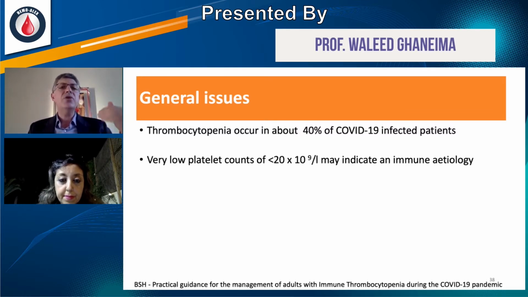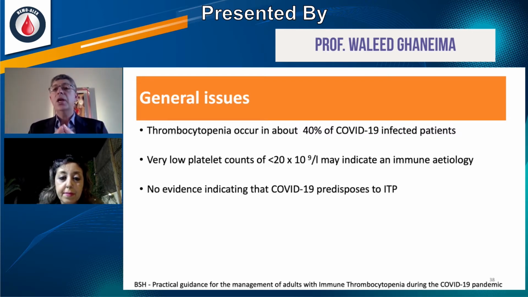But if the platelet count drops to less than 20, this may indicate an autoimmune etiology, and you have to do a diagnostic workup to find out if it's ITP or to exclude other causes of immune thrombocytopenia.